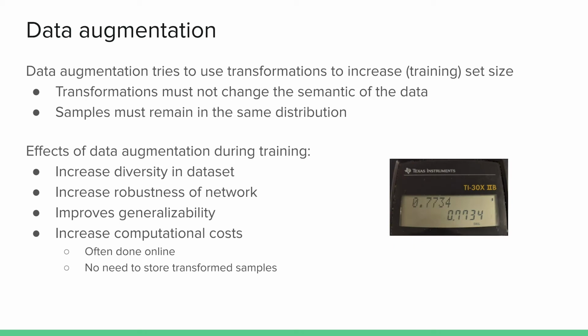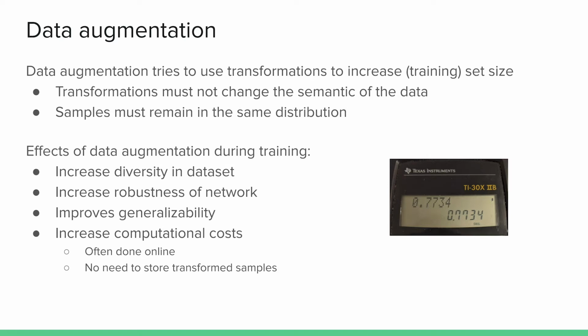Finally, coming back to the semantics of the data, be careful with whatever kind of transformation you apply. Some transformations do not change the semantics, others do. If you flip an image horizontally, it might be okay for a cat.